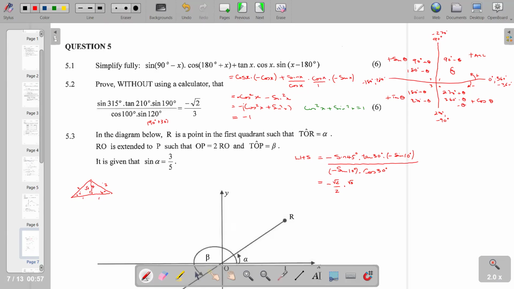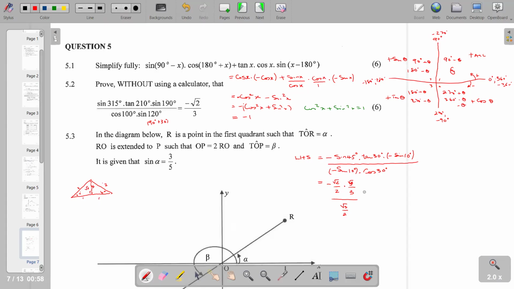It's root 3 over 3, then divided by cos 30. It's root 3 over 2.